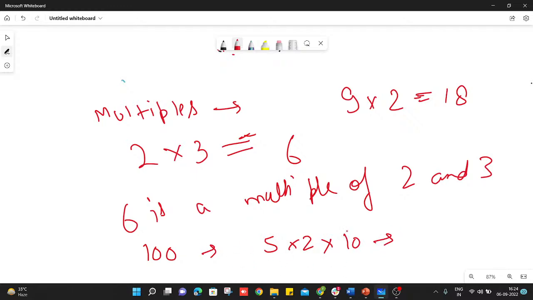It could be a multiple of 50 as well, because 50 times 2. To create a number, we can multiply any two, three or four numbers, very large numbers or very small numbers. So the multiples of a number could be a lot of numbers.